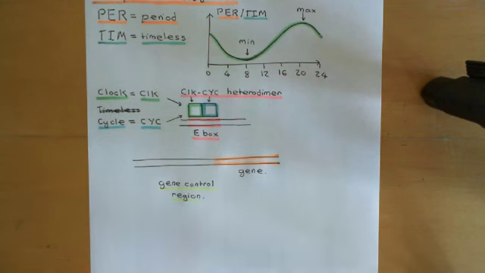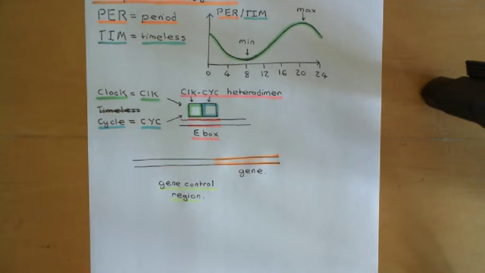Because by controlling how much transcription occurs, we control how much mRNA for that gene you produce, and by controlling how much mRNA you produce, we control how much protein you produce. So quite simply, control of transcription controls the protein expression of the gene.